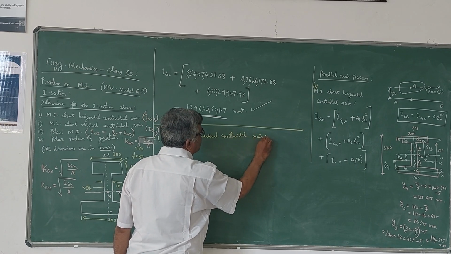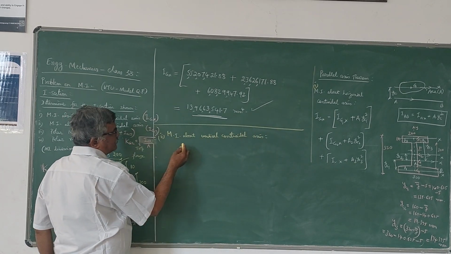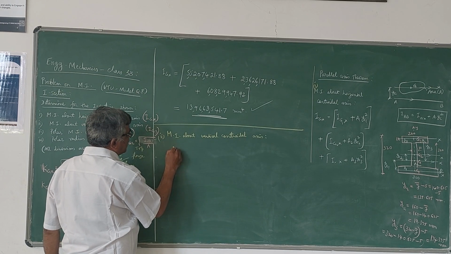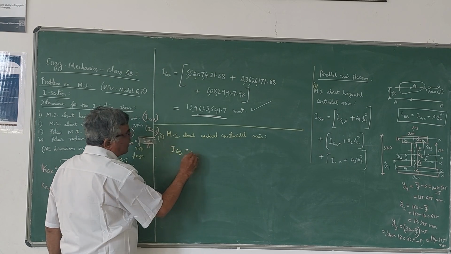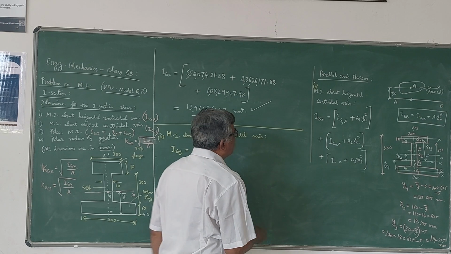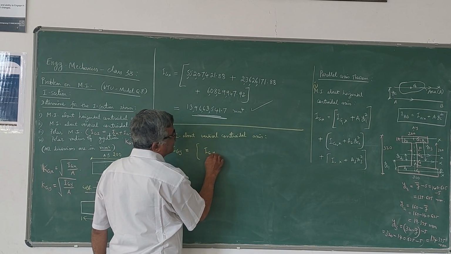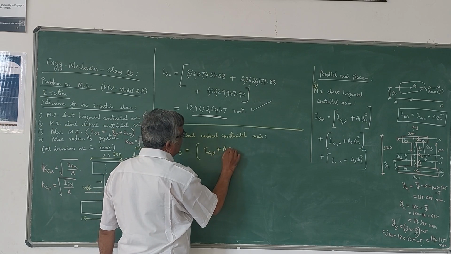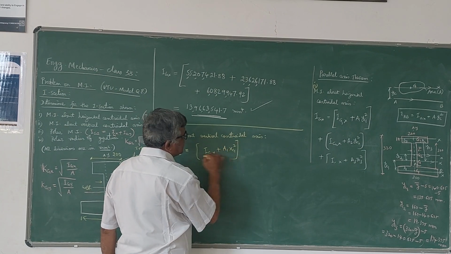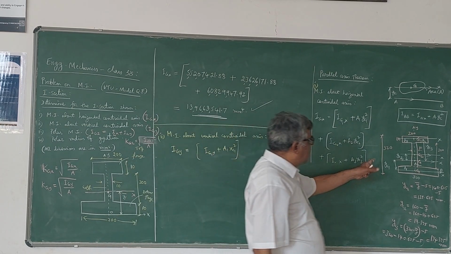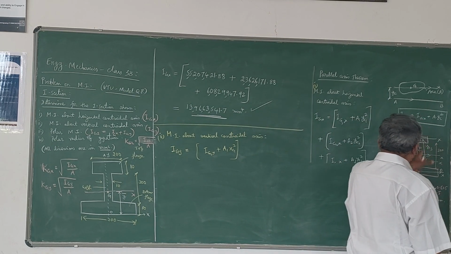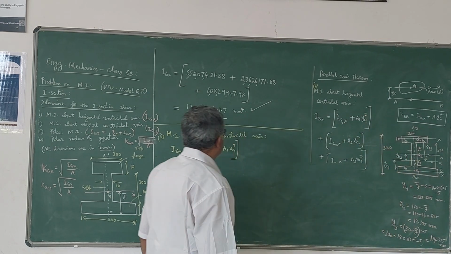Here also we are using parallel axis theorem. So this is IGY. On similar lines we will write now IG1y plus A1 into, now the distances are x distances. So for horizontal axis distances will be y, for vertical axis distances will be x.